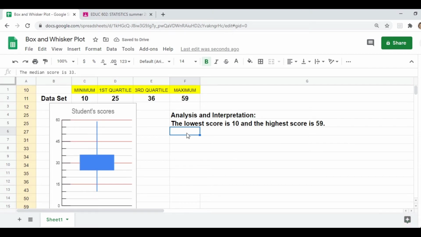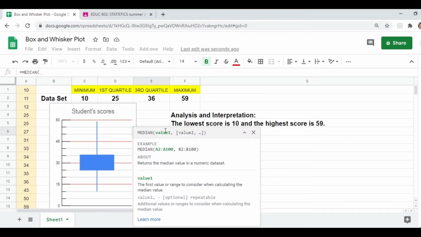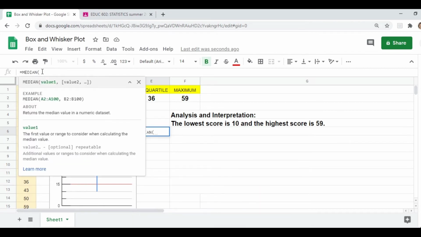Next, we can also compute for the median. How to compute for the median? We can use the formula. You can type equals median, click this function, then click the value or type the value.